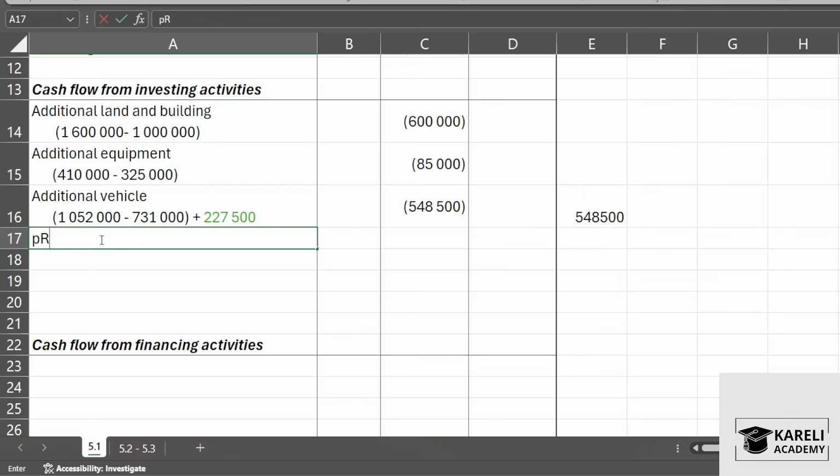Now we go to the proceeds. We go to proceeds from the sale of asset. What did we sell? We sold the vehicle. Now that vehicle, we sold it for how much? Let us check on the question paper.